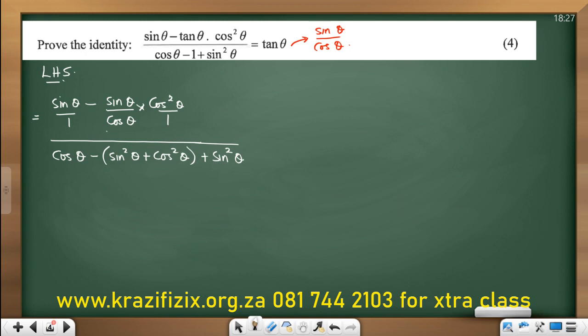What do you notice here? This one here would take out one of the cos's. So what do I have? I have sine theta minus sine theta cos theta over, okay, we don't know, we'll just keep at it, expand. Sine squared theta minus cos squared theta plus what?